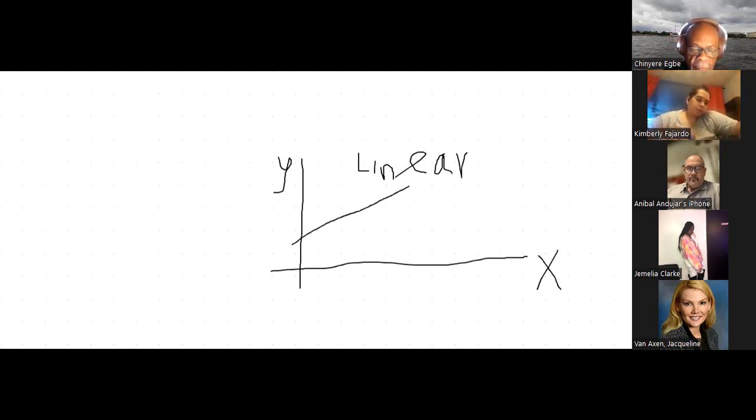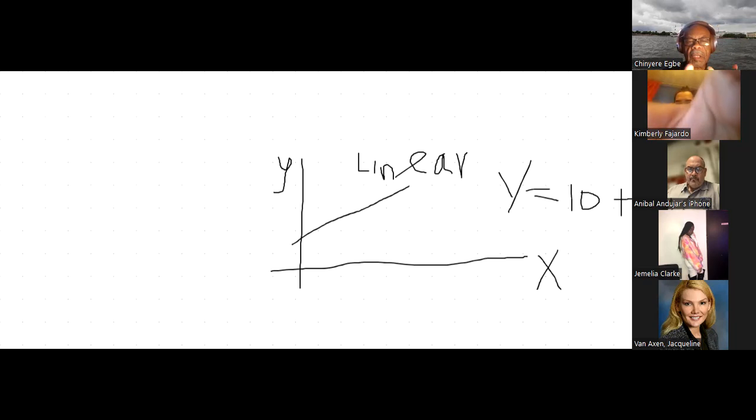And so it's easy to look at a linear function and say, say y is equal to 10 plus 2x.